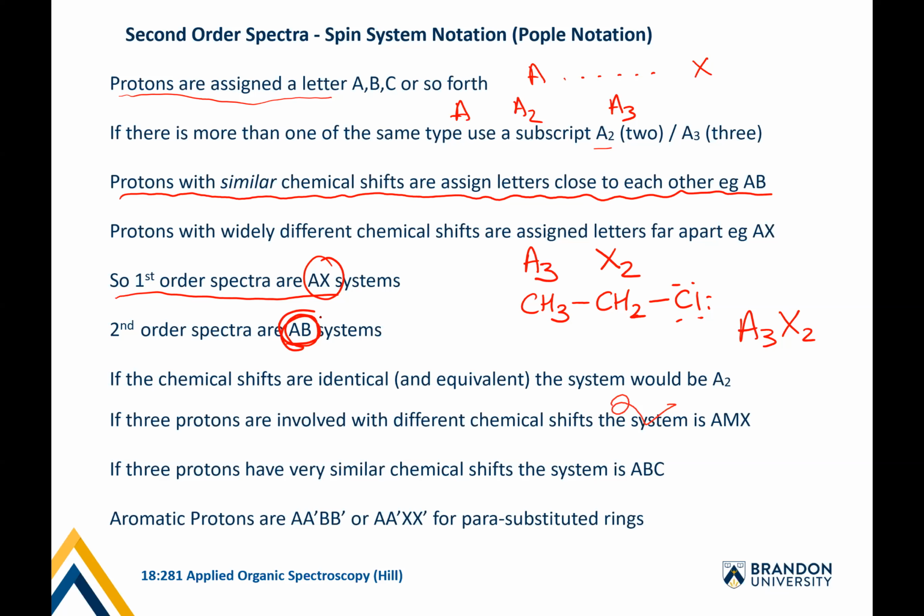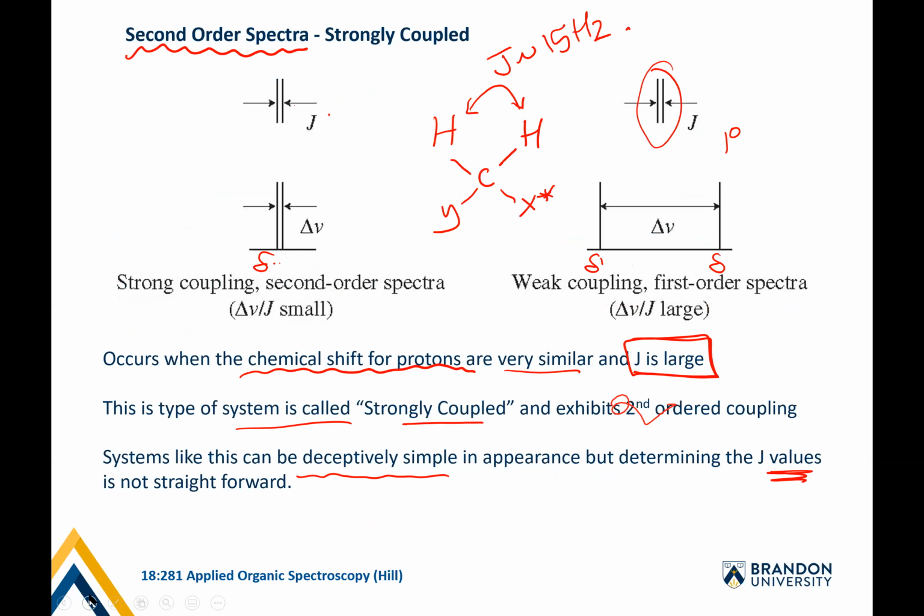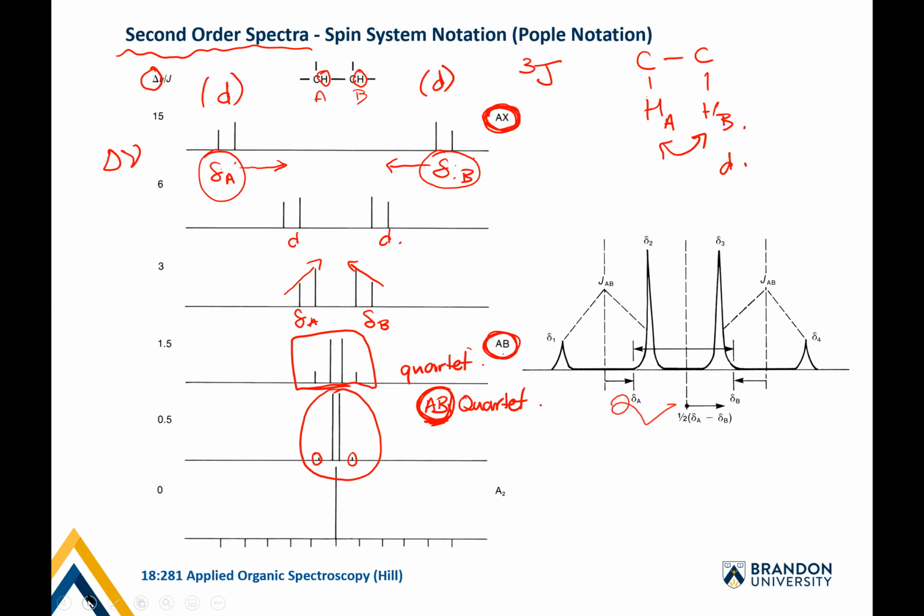So second order spectra are all AB systems. And if we go back to the next slide here, what happens if they've got the exact same chemical shift? Then they're identical, right? So they just become an A2 system.